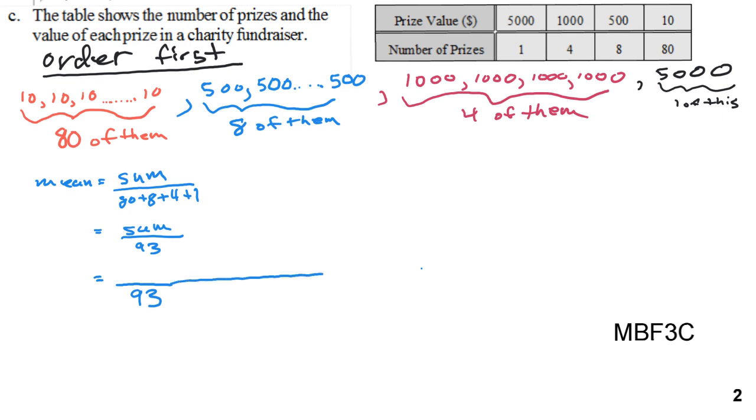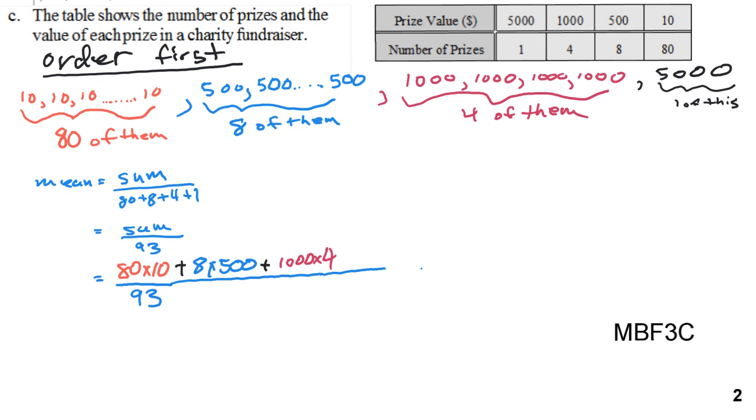Now, in order to calculate the sum of that number, I want you to think about what's happening here. We have 80 of these 10s, right? In order to figure out what 80 10s are, we literally have to multiply 80 times 10, right? Now, for the total of 500s, we're just going to take 8 times 500. And then we're going to add on to that 4 times 1,000. Oh my gosh. And we got to keep going.